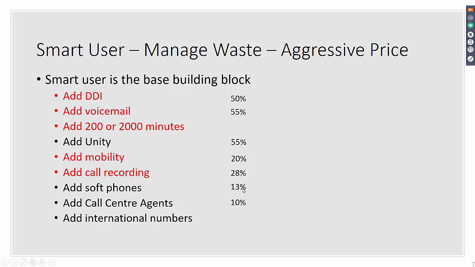Soft phones still sitting at 13%, but again, as we see more flexibility or people with less attachment to handsets coming in, we can see them falling. And then call center agents, a decent 10% at the present time as people move from hunt groups to a slightly better call management strategy, or the fact that our partners are selling to some decent call centers as well.